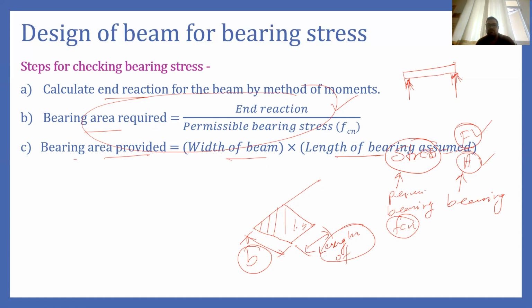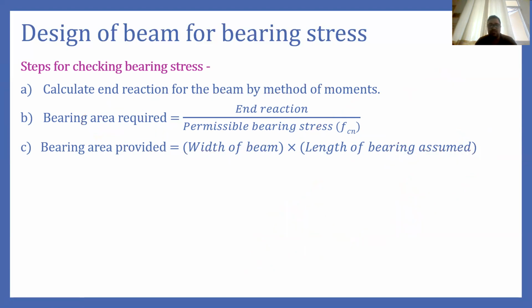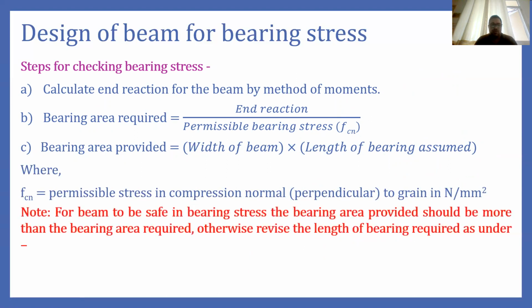For our beam to be safe in the bearing criteria, the area we have provided should be higher than the required area. If it is higher, then we say that our beam is safe in bearing stress condition. So for the beam to be safe in bearing stress, the bearing area provided should be more than the bearing area required.